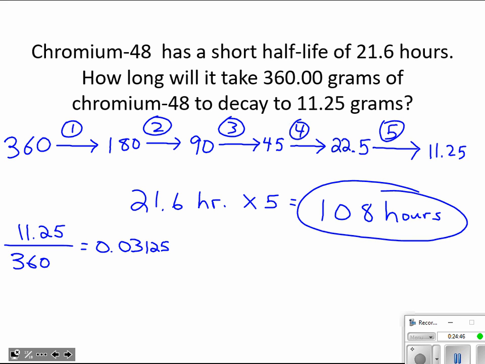So that's 3.125% that I have left over after those 5 half-lives.